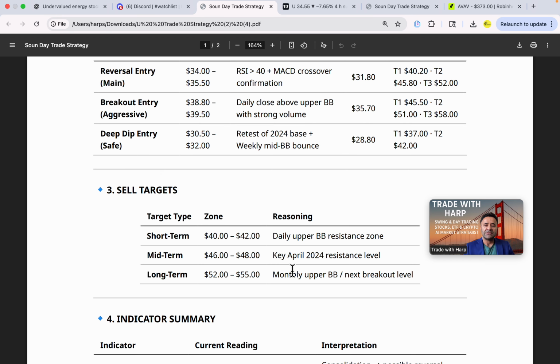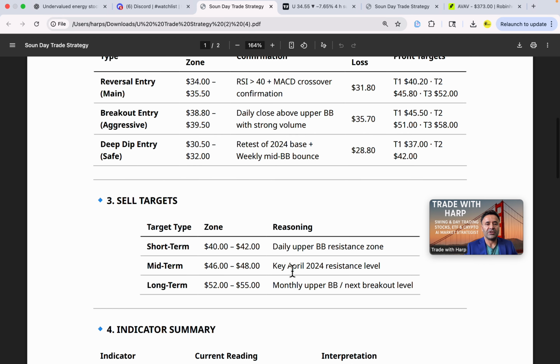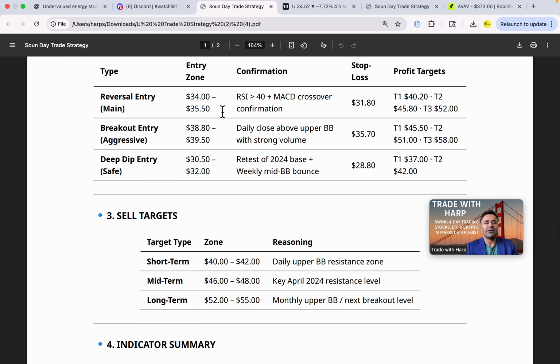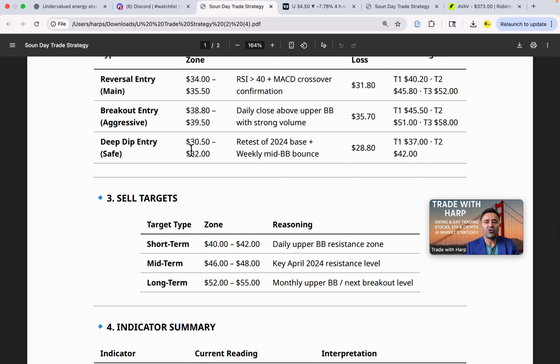So I will sit, hold, get my entry. Most likely I'll buy one call option here at $34, and if the price dips more, I'll buy a second call option here, and then I'm done for the next 6 months. I'll buy 6 month expiry, and I'm expecting the result within 6 months, like 3 to 4 months.